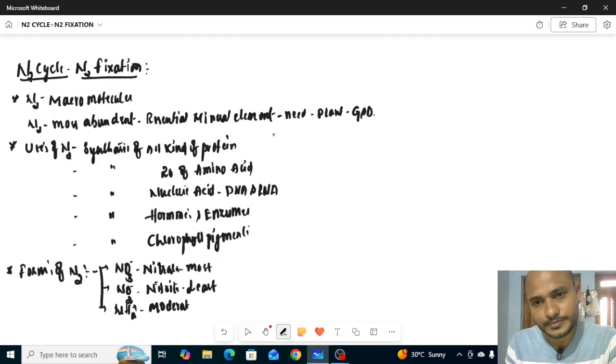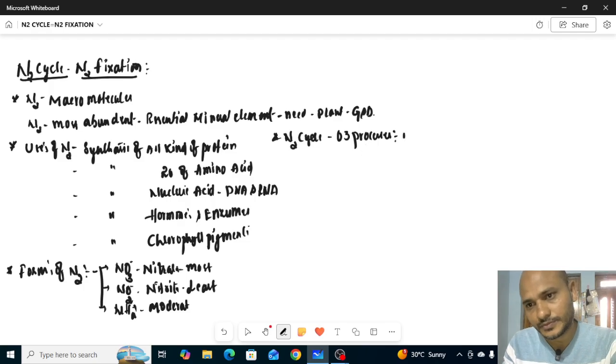Now coming to the most important thing, the process or mechanism of the nitrogen cycle. Generally the nitrogen cycle occurs in three processes. The first one is the nitrogen fixation process.